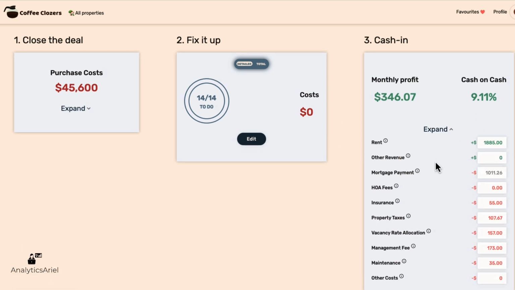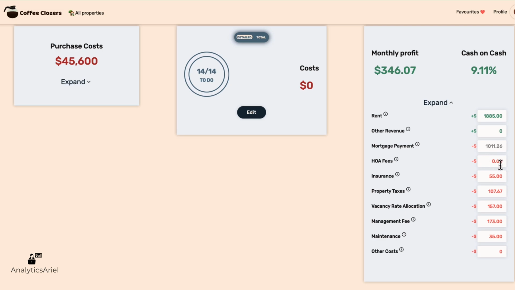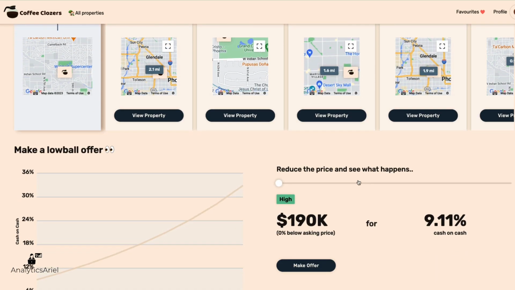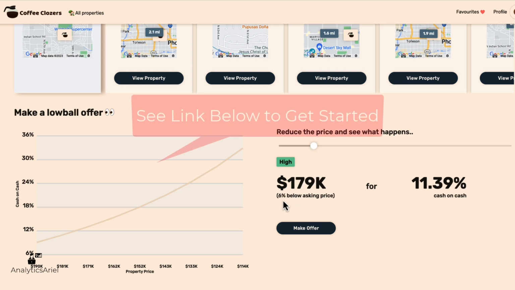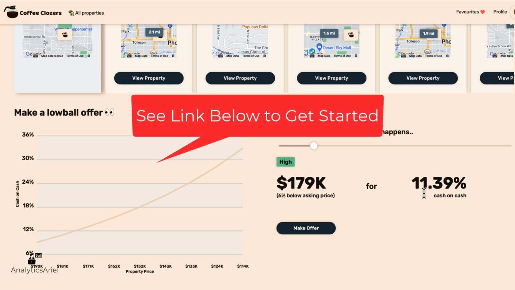You could also toggle on some of these fields if you want to adjust those metrics live. As well, if you wanted to have, say, higher cash on cash return, you could adjust what the lowball offer would be and what percentage you would ask below asking price to meet your desired cash on cash return.